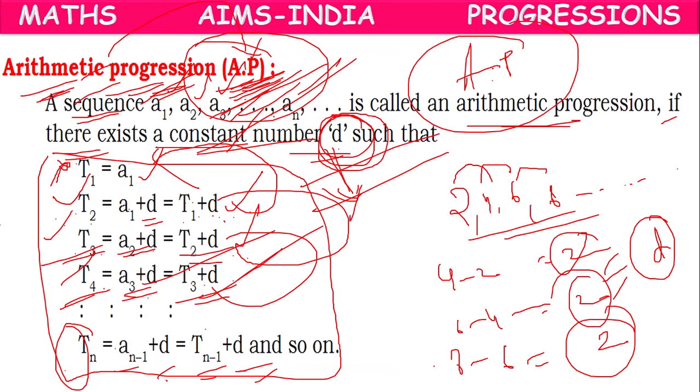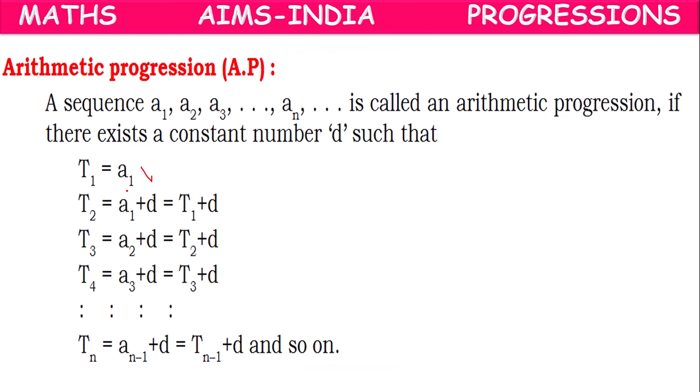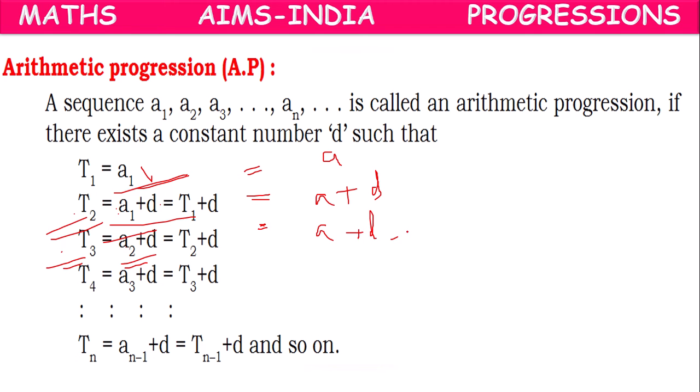If you see this example, the first term is A1, let it be A. The second term is A plus D. For the third term, to the previous term A plus D we have to add D, which is equal to A plus 2D.